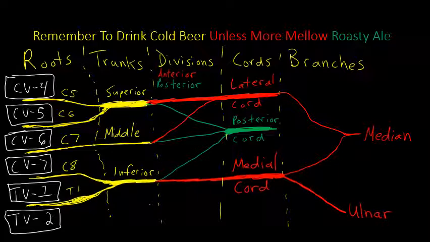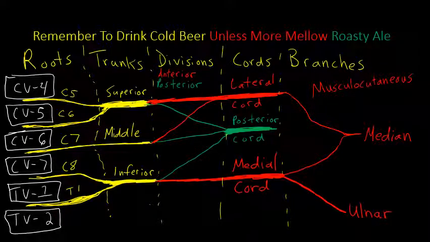So then we have the musculocutaneous nerve. It's a big word. Musculocutaneous. So the musculocutaneous nerve forms from a branch off of the lateral cord of the brachial plexus, and it extends down the anterior of the arm in order to excite the flexors of the elbow joint.